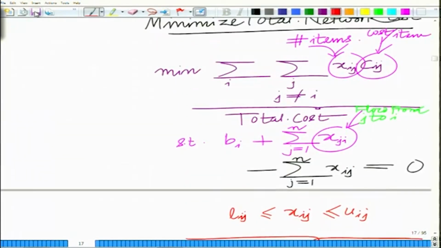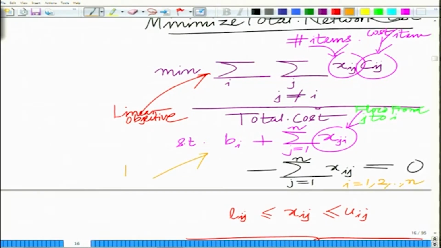And you can see again a linear objective. Of course this must hold for all i. This is basically linear or affine constraints. Again, affine constraints.